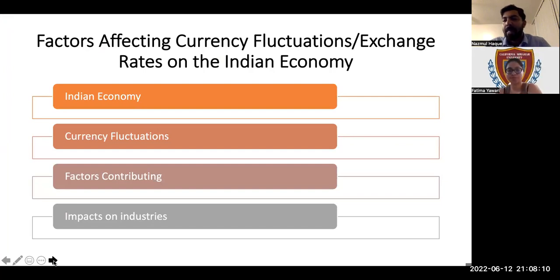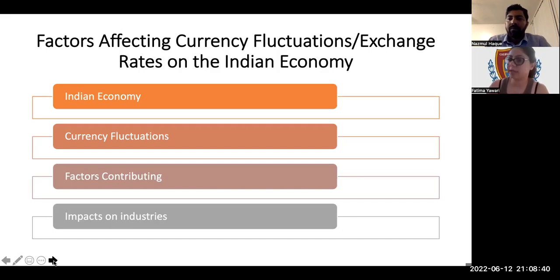Thank you. So my paper for this class is factors affecting currency fluctuation exchange rates on the Indian economy. I talk a little bit about the Indian economy, how it works, how the currency fluctuation goes on, what are the factors contributing to those fluctuations, and how those fluctuations are impacting industries, not just financial institutions like banks, but also the manufacturing industries.